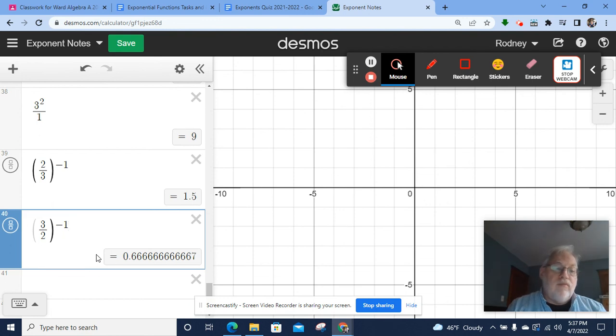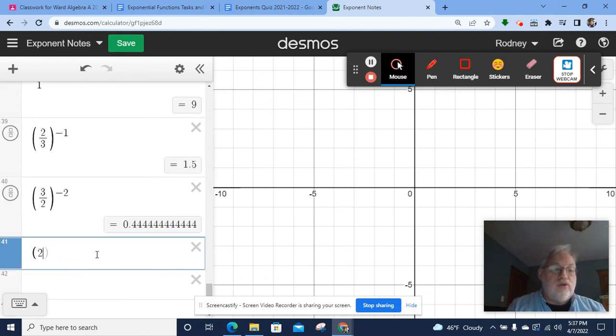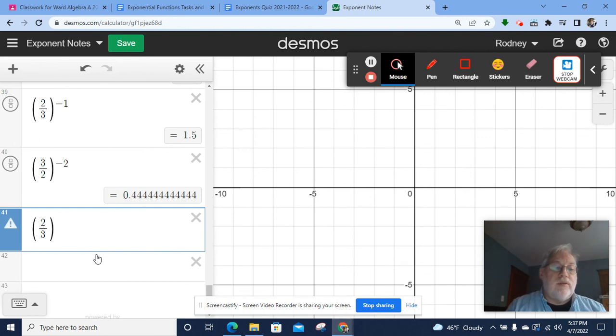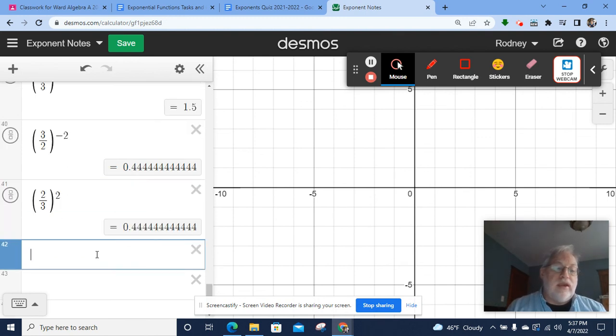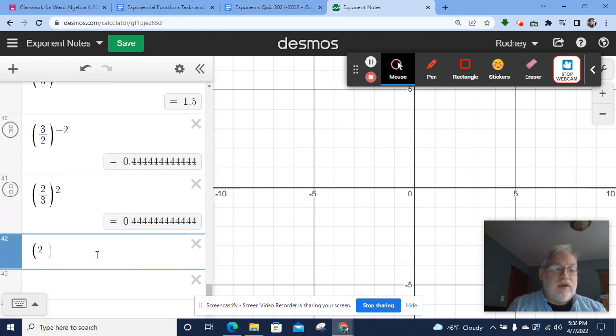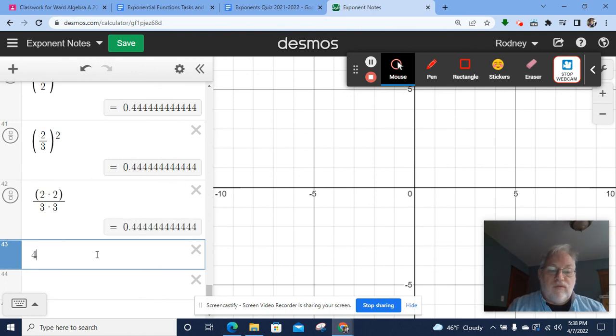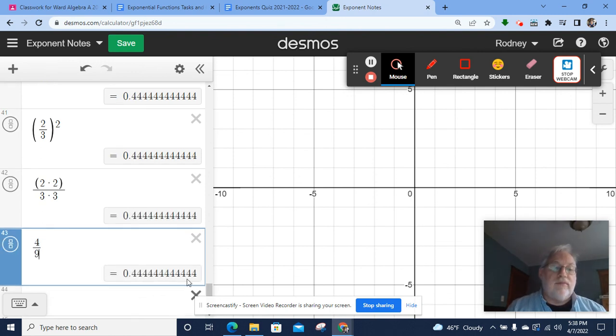Okay, and if I were to raise that to the negative 2 power, I get 2/3 raised to the positive 2 power, which would end up being 2 times 2 over 3 times 3, or 4/9. All of those are the same thing.